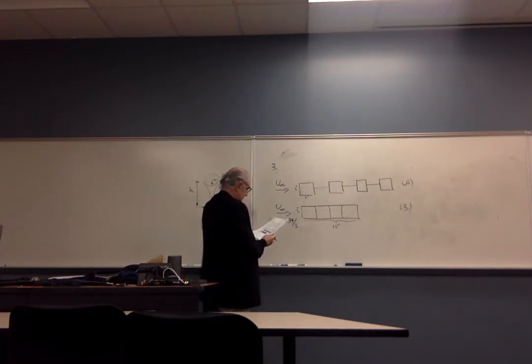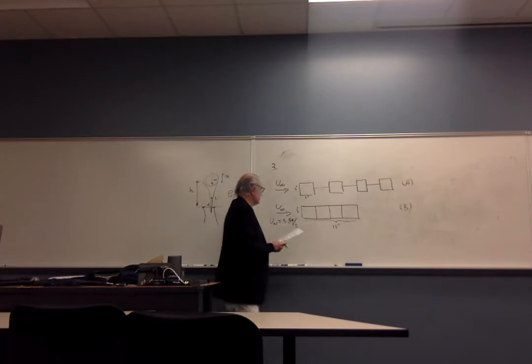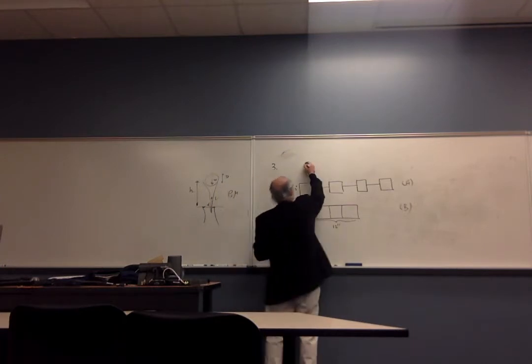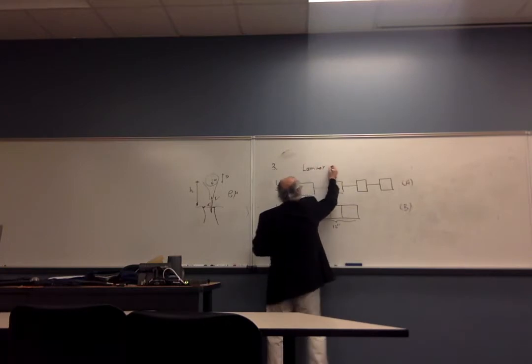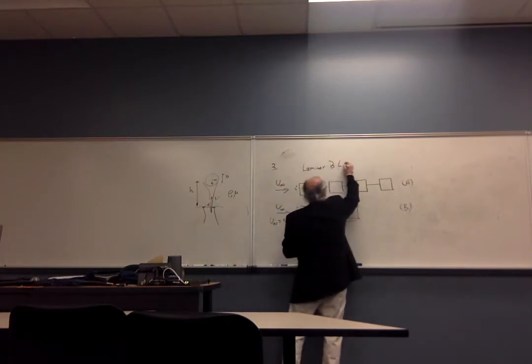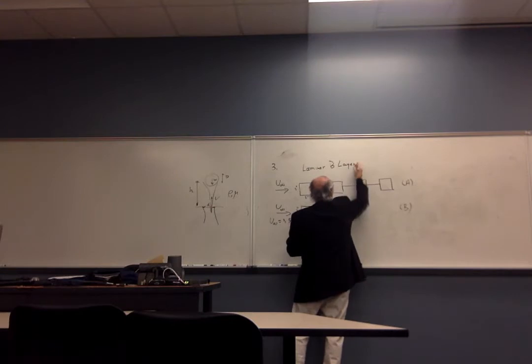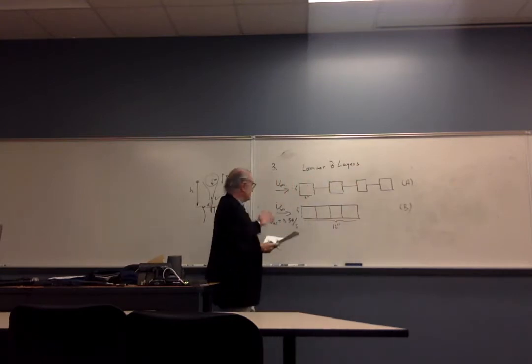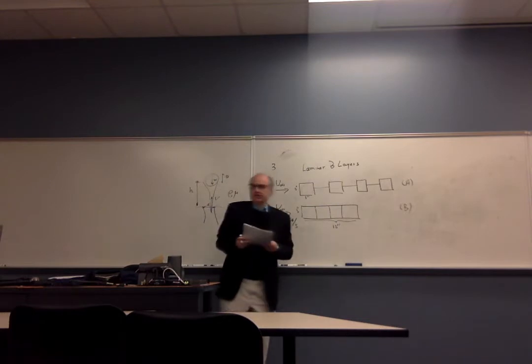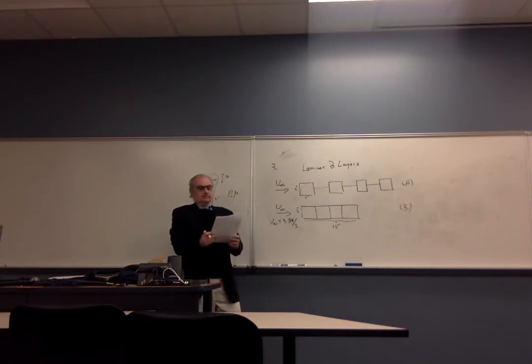The temperature is 70 degrees. We're also going to assume that there are laminar boundary layers here, not turbulence. So the question is, which one of these configurations is going to give us the largest drag?